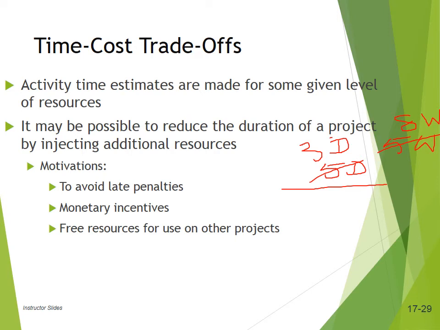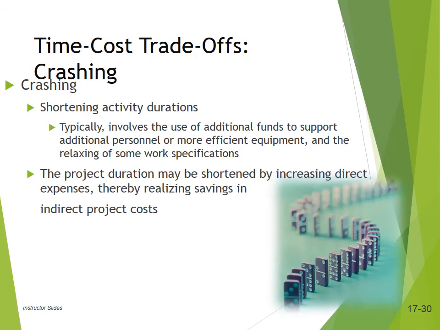So you can use those workers in some other project or some other activity. Project crashing is when you allocate extra resources, extra labor, material, machine, to make the project duration shorter. That technique is called project crashing.